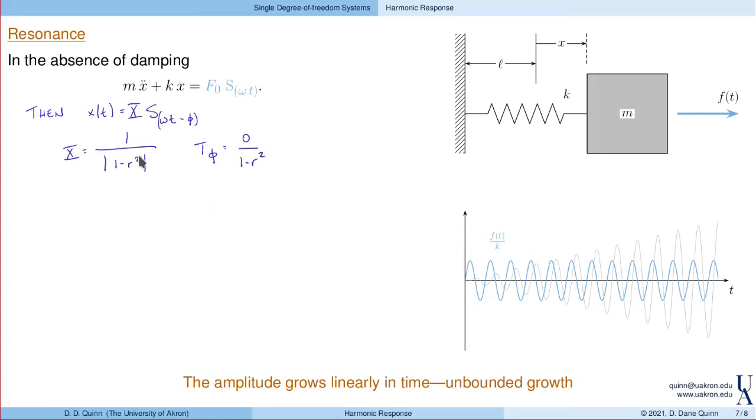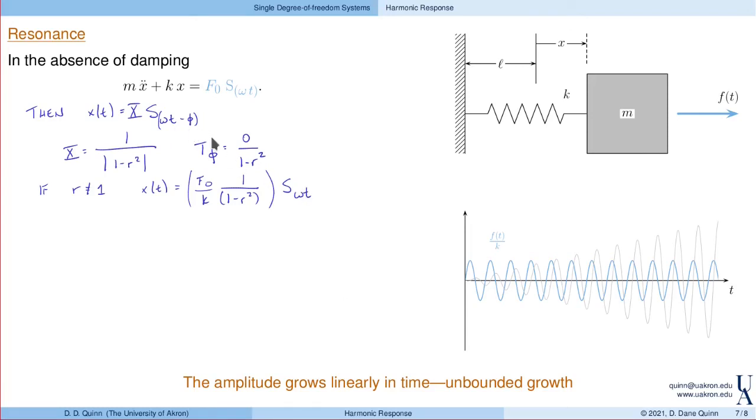Now, I can combine these two. If r is not equal to 1, then x of t is f naught over k times 1 over 1 minus r squared times sine omega t.